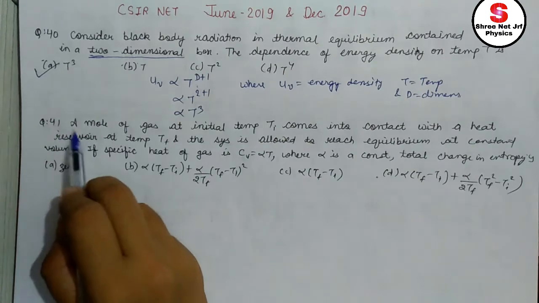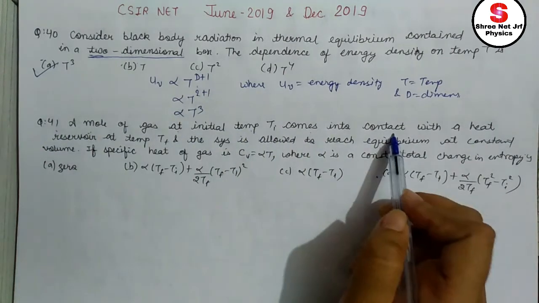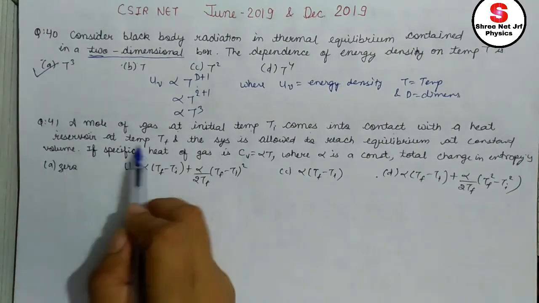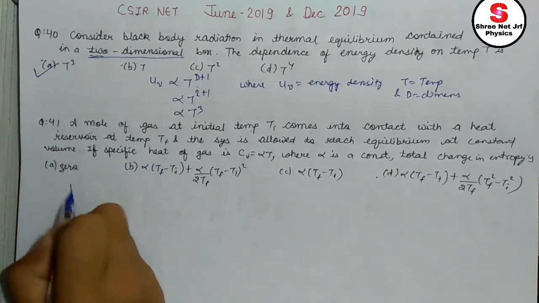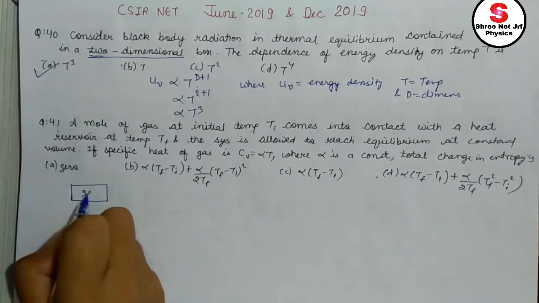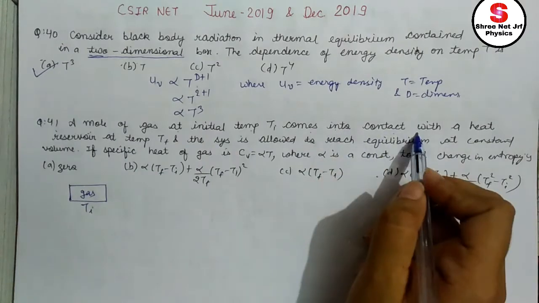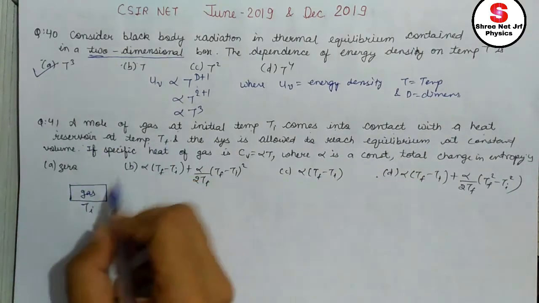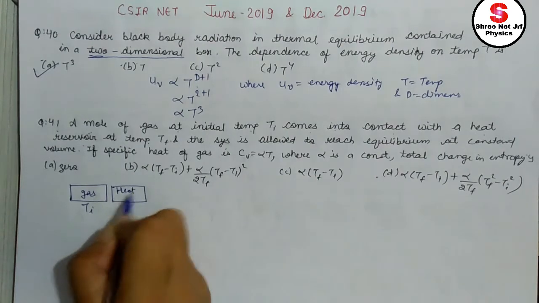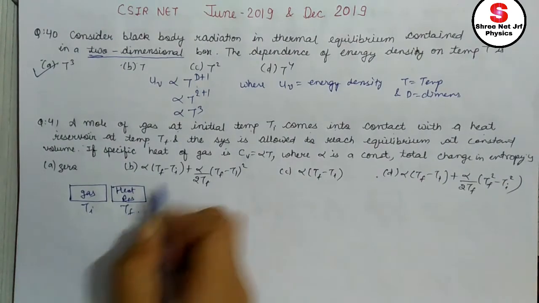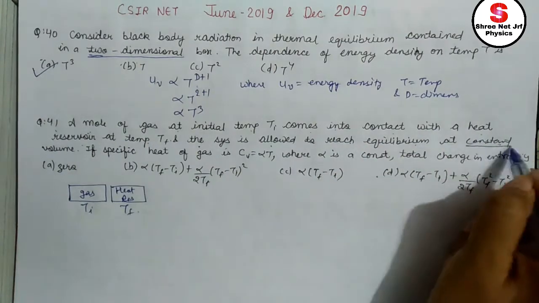Question number 41. A mole of gas at initial temperature Ti comes in contact with a heat reservoir at temperature Tf. Okay, let's see the diagram. Here the gas at initial temperature Ti comes in contact with a heat reservoir at temperature Tf, and the system is allowed to reach equilibrium at constant volume.